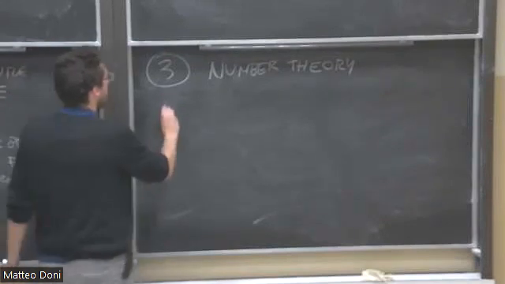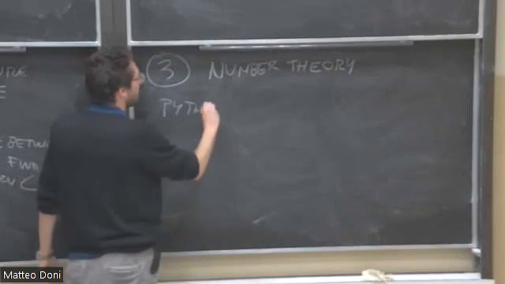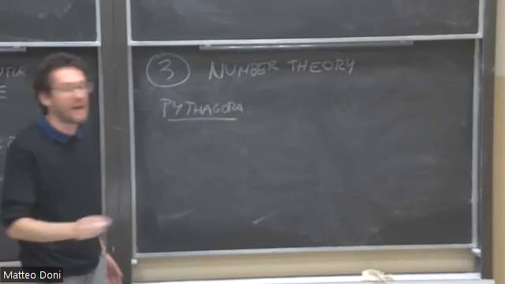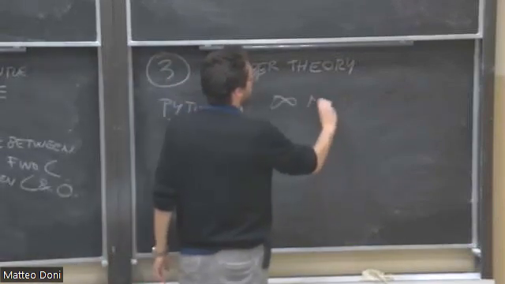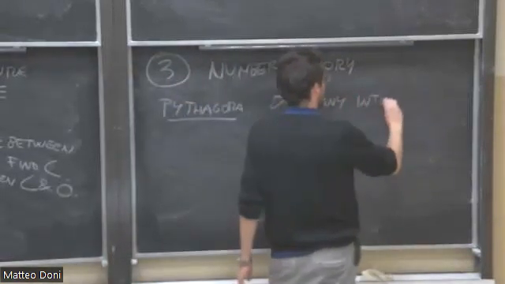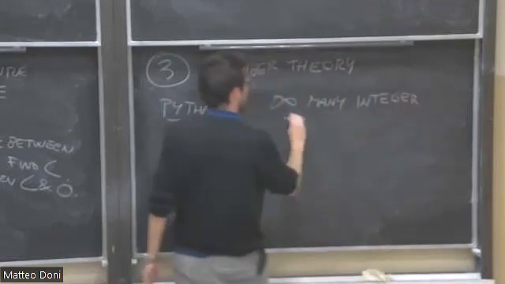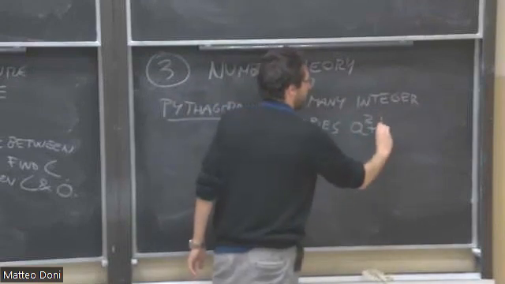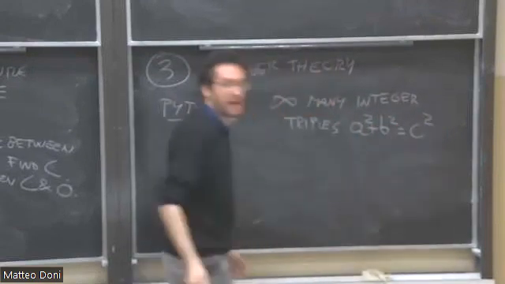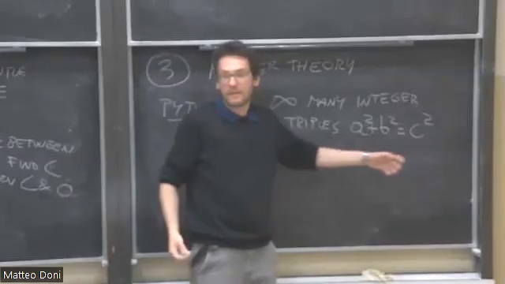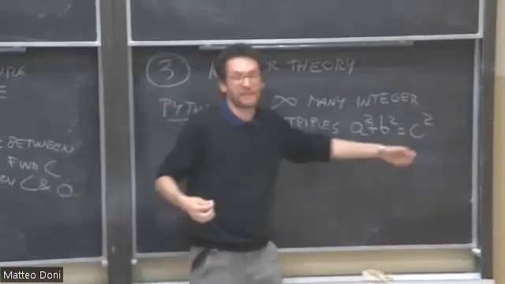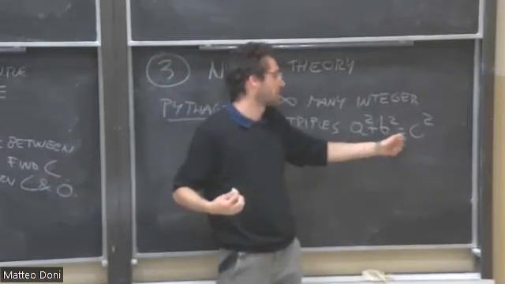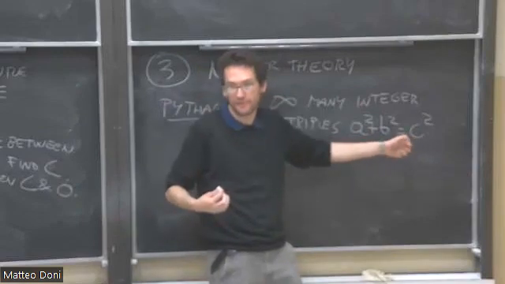Think, for example, about Pythagoras theorem, in the sense that you want to find infinitely many integer triples which satisfy the Pythagoras equation, infinitely many non-trivial ones. When I say non-trivial, I mean that I do not take multiples of these things.